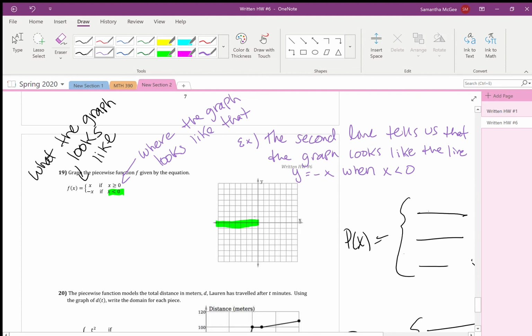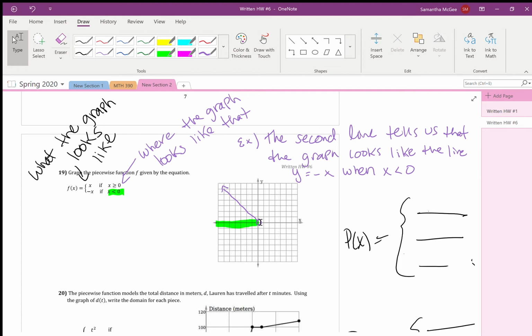So we have the line y equals negative x whenever our input is less than 0. Now there are a few things that I think are worth talking about. One of them being that open circle that I just drew. You might be asking, well, how did we know that that needed to be an open circle?